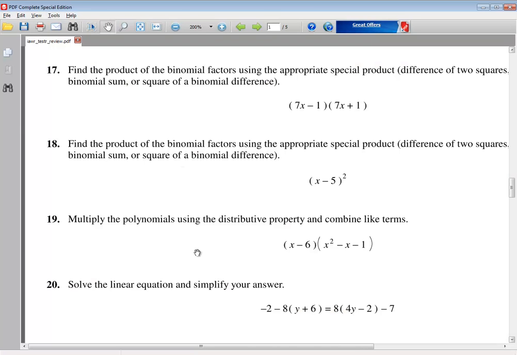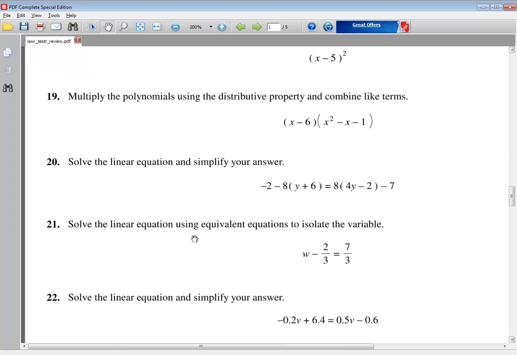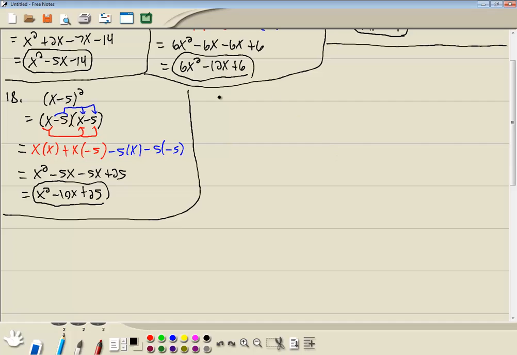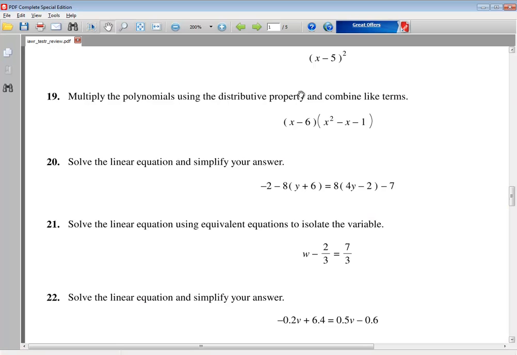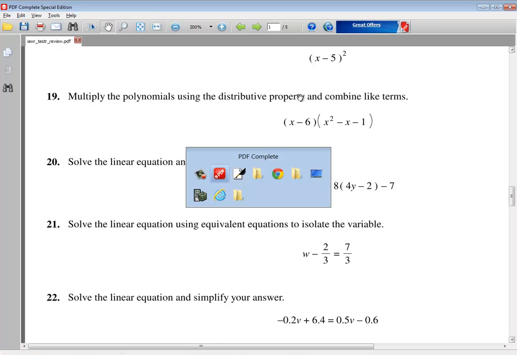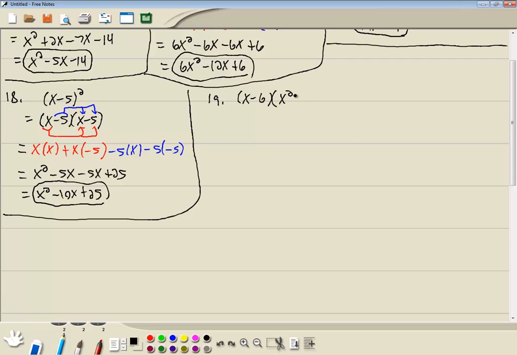Okay, number 19. We've got x minus 6 times x squared minus x minus 1. Okay, I'm going to take my first term here, the x, and multiply it times the x squared, times the negative x and times the negative 1.